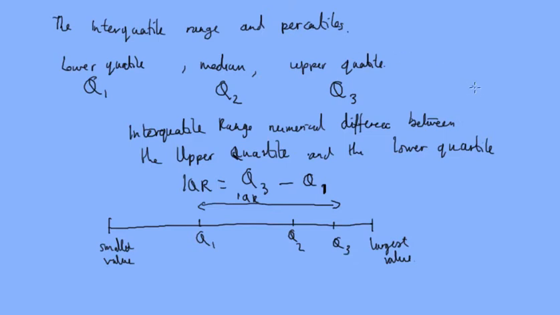So if we are looking at ungrouped data, the positions of the lower and upper quartiles depend on whether there's an odd or even number of values.